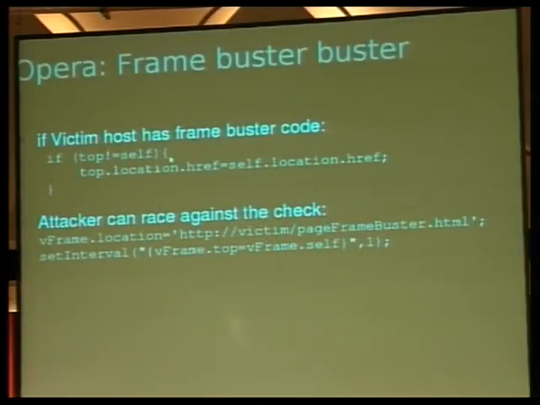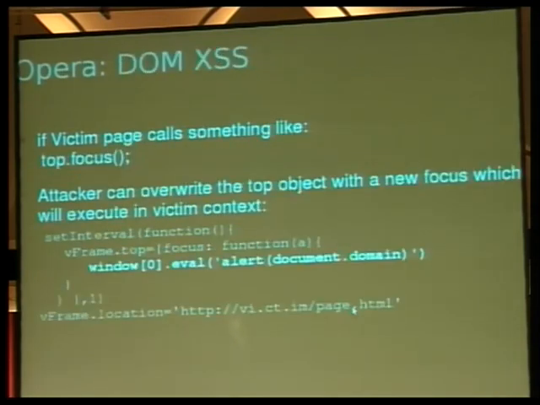If top not equal self, then let's reset the top location. But since the top object can be overwritten under Opera, you can just use a race condition in order to set the top reference to the self-reference of the victim window. So this is going to be equal, and it will be bypassed, okay? So welcome back, clickjacking.